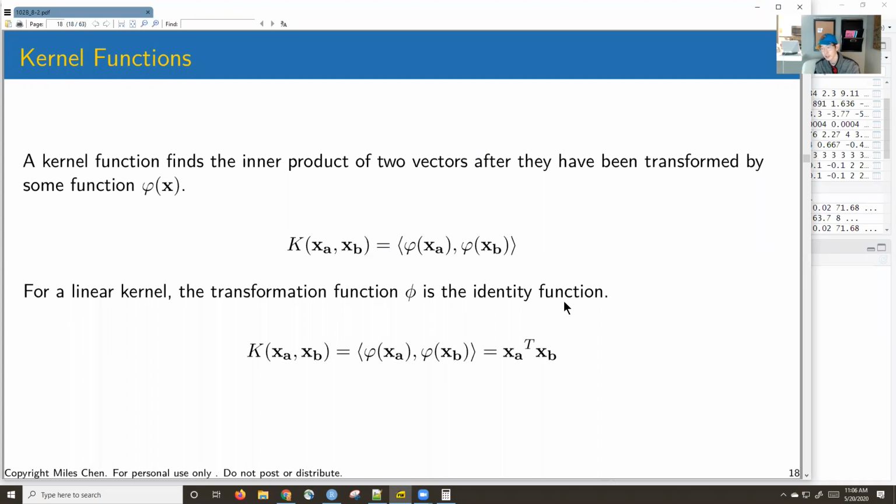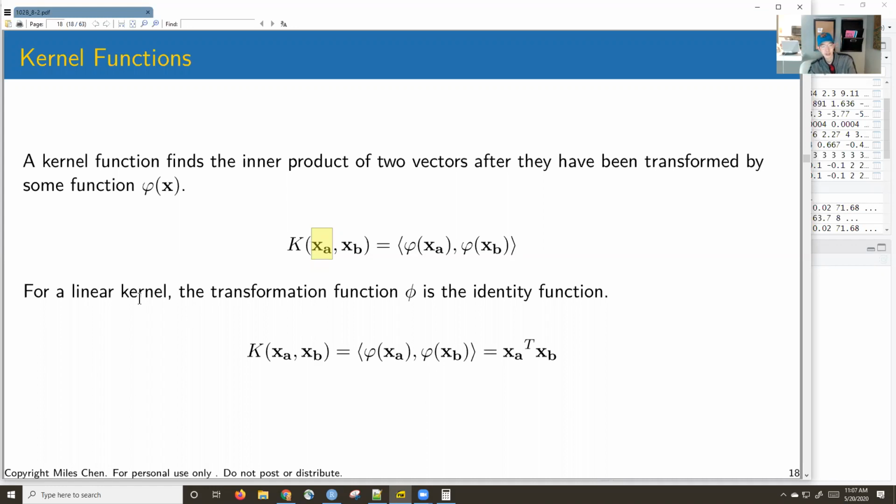Here we can apply the same idea of using a kernel function, which is equivalent to taking the inner product after we transform our data from 2D into some higher dimensional space. We take our vector xa, apply a function phi that transforms from 2D into a higher dimensional space, and then take the inner product.